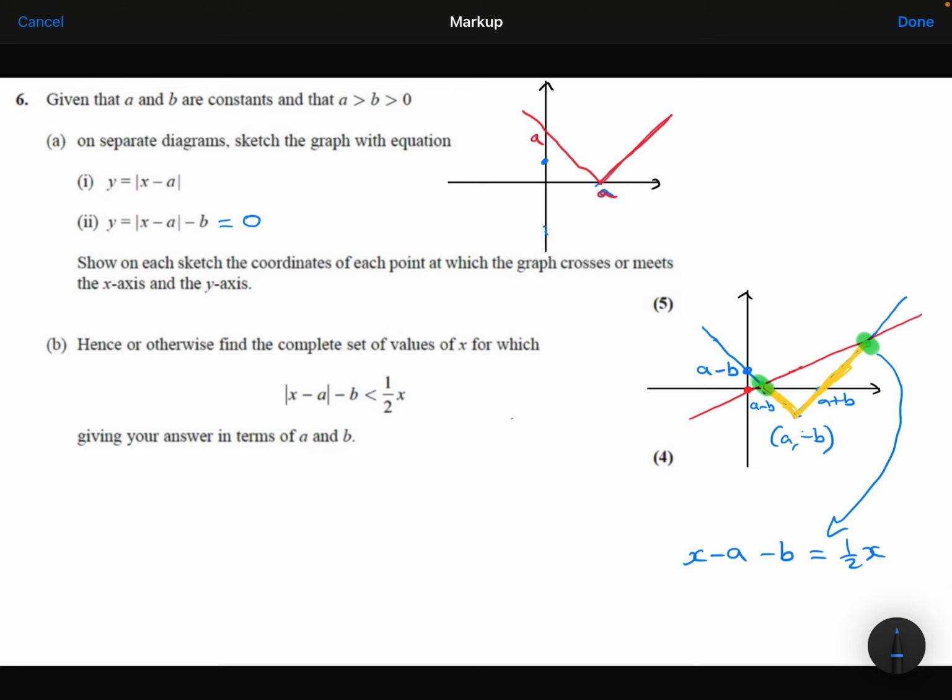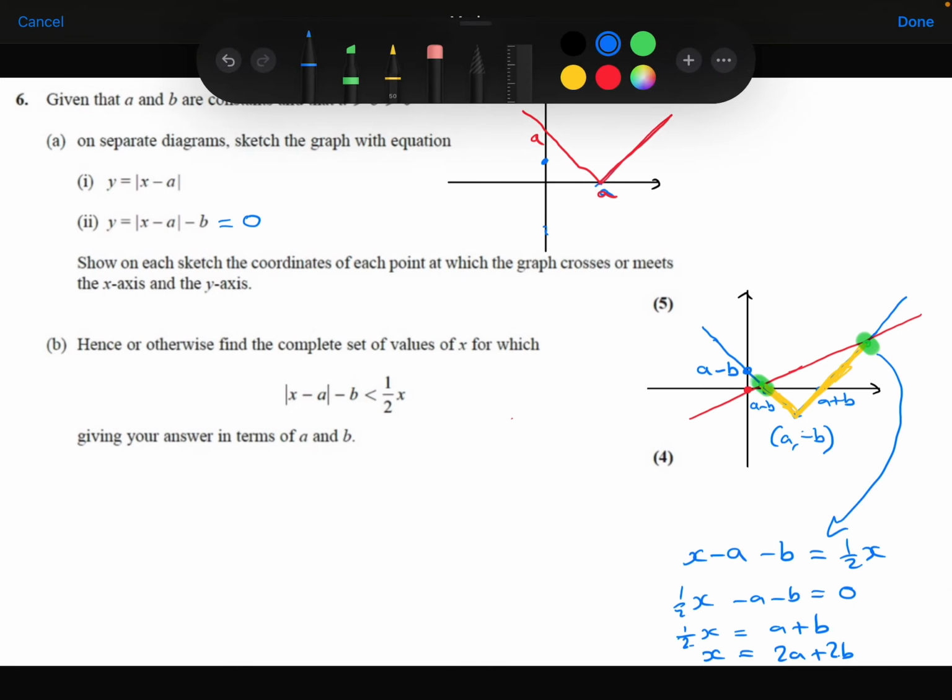Move the x's all onto one side, so I'm going to subtract half x from both sides. x minus a half x is a half x. Move the a and the b to the right hand side and times through by 2. So this is that coordinate there.